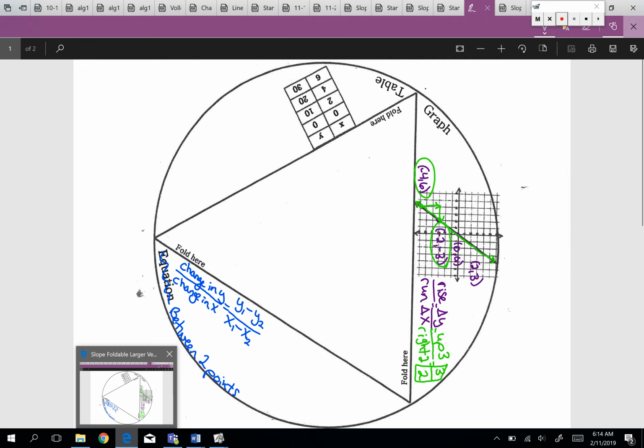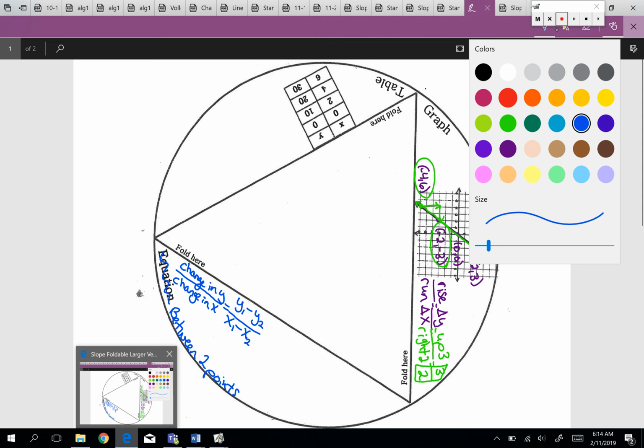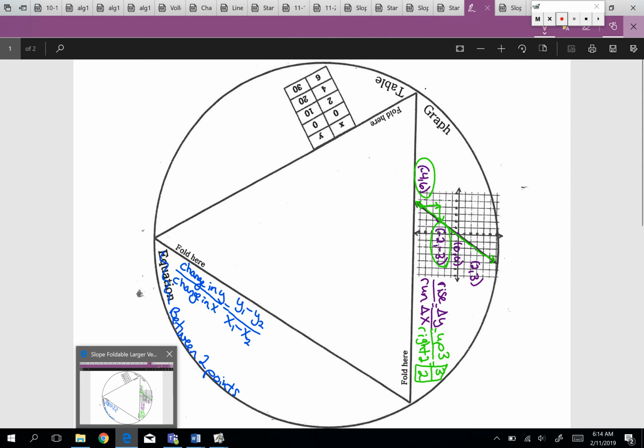So let's grab our two ordered pairs that we had. We had -4, 6, and we have -2, -3.